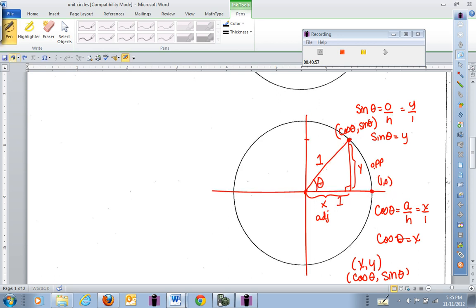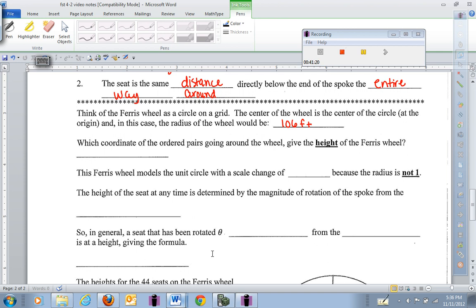Now we're getting fancy. This is the length, and this is the height, isn't it? So this y component is the height, and this is how far over. Okay, this is the horizontal distance, and this is the vertical distance, isn't it? Okay, so I go cosine over and sine up, don't I? Cosine over and sine up.